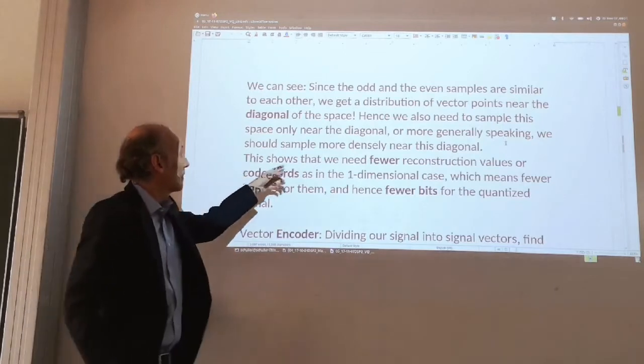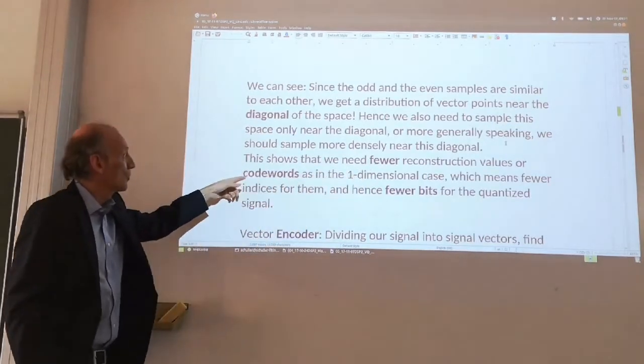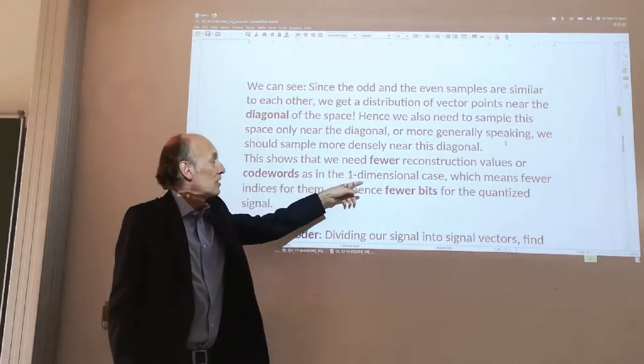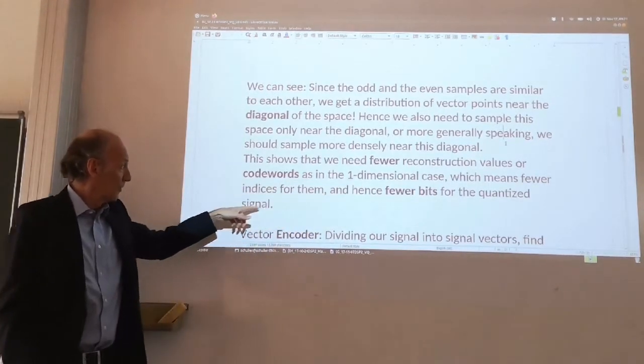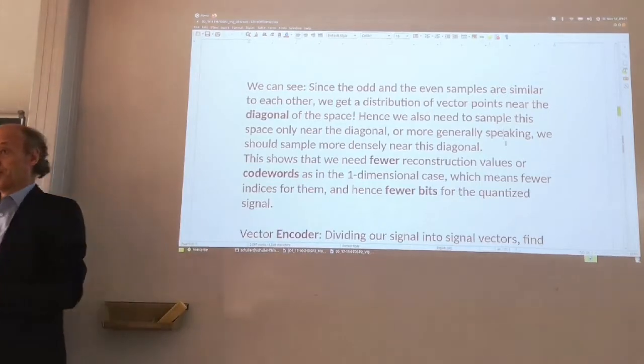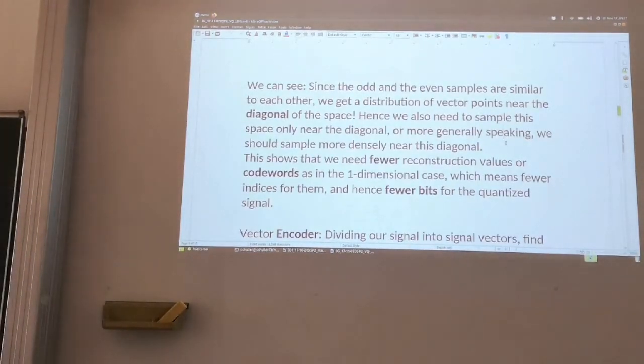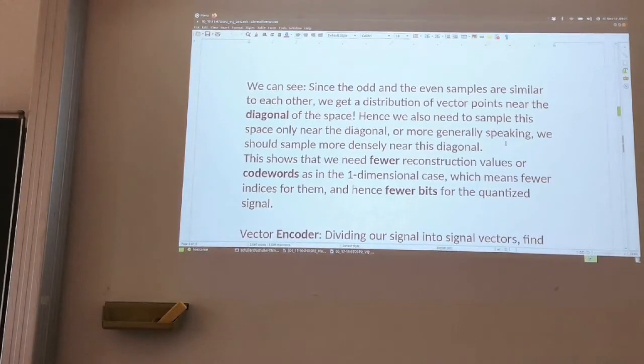Yeah, so this shows that we need few reconstruction values or code words as in the one-dimensional case, which means fewer indices for them, and hence fewer bits for the quantized signal. So we can have either finer resolution or fewer bits.